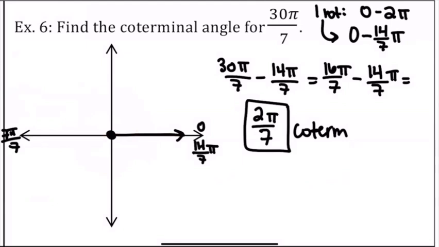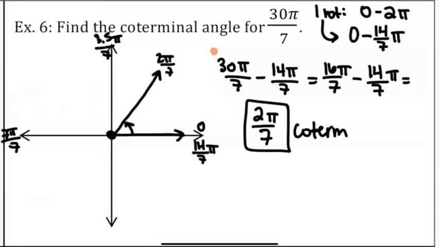And I know that because if this is 0 and that's 7, halfway would have to be 3.5 sevens. So 2's got to be somewhere in here. Let's go like there. There we go. Perfect. That's the coterminal angle.